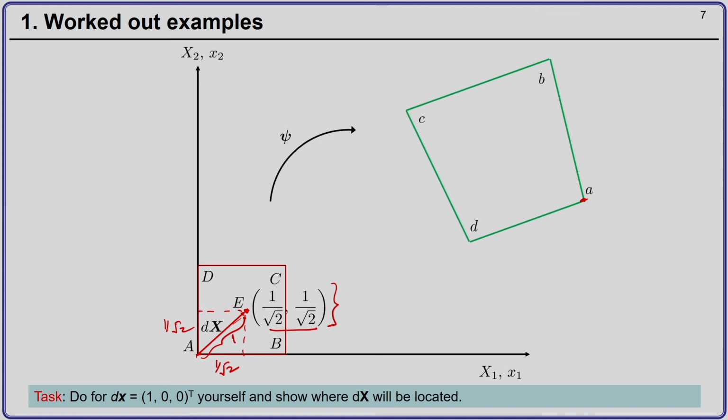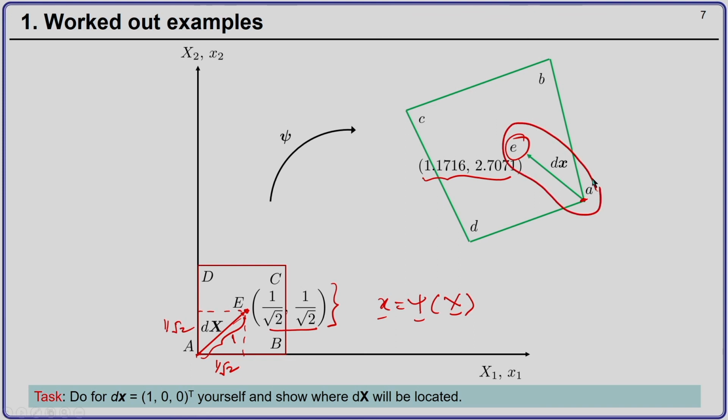From our deformation mapping, given by x equal to psi of capital X, we can know the location of point E, and that is what you will get: 1.1716, 2.7071.